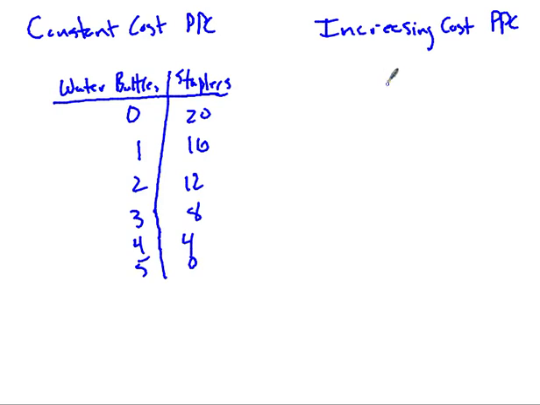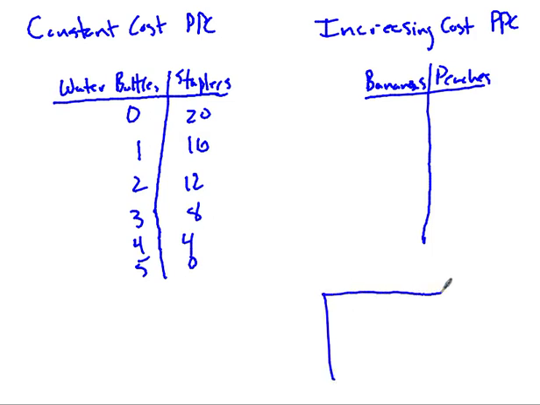All right, and over here, we're going to grow, so we've got bananas or peaches. You've got a field down here, and you can grow either bananas or peaches in it. Let's say that if we grow 10 banana trees, we can grow 0 peach trees.